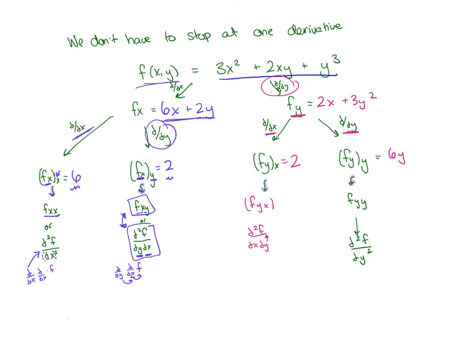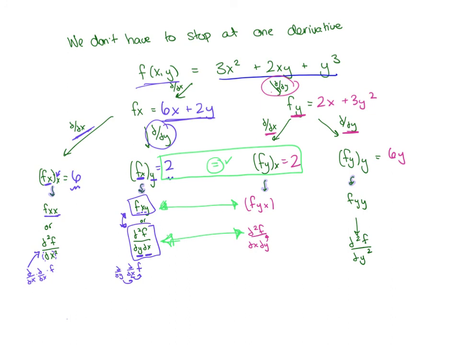So I think one of the things that's kind of confusing here is these two different notations. It's sometimes hard to remember which one means do x first and which one means do y first. In this case, they both equal 2, so that's really helpful.